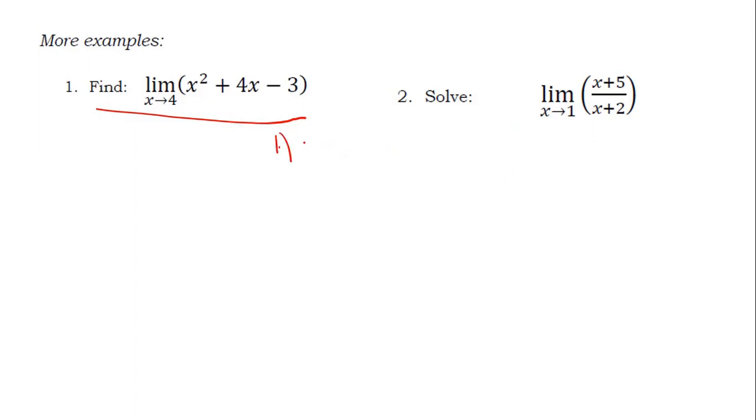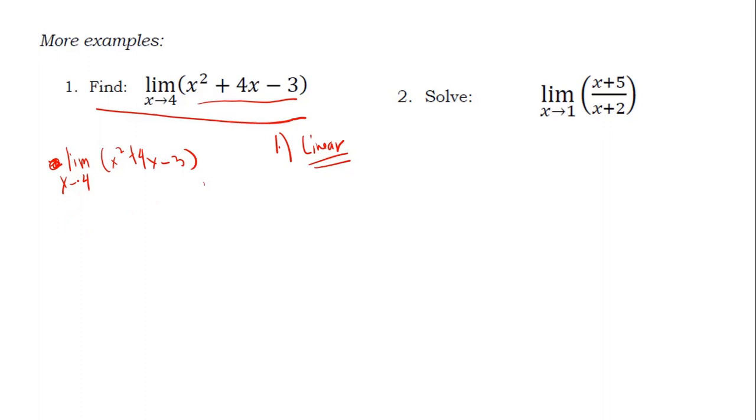Number 1, if it is linear, if the given is a linear equation, just automatically substitute the value that x approaches. So, we have the limit of x squared plus 4x minus 3 as x approaches 4.